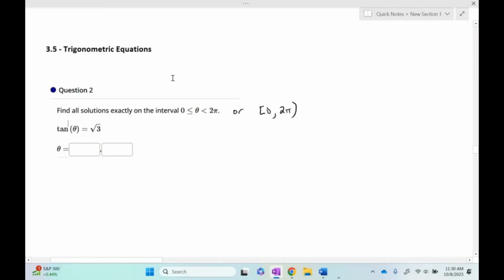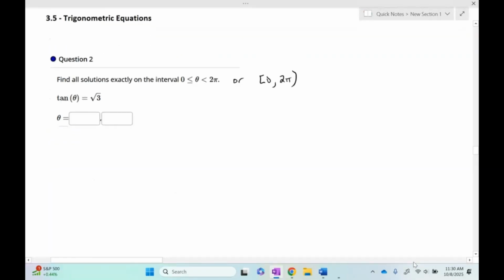So unlike the first one, where you had to clean it up a little bit and isolate for the sine, the tangent is already isolated. There is no coefficient other than 1. So we can proceed to interpret it.